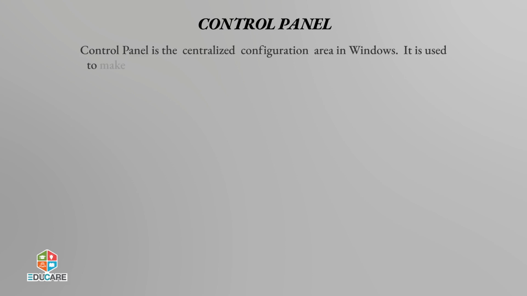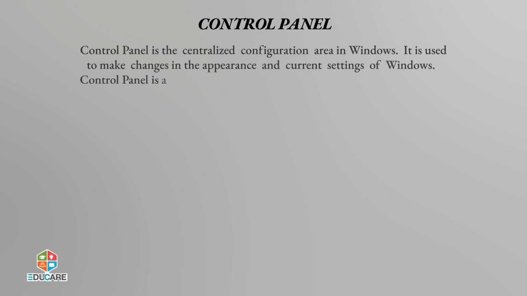Control Panel. Control Panel is a centralized configuration area in Windows. It is used to make changes in the appearance and current settings of Windows. Control Panel is a collection of shortcuts to individual components called Control Panel applets.